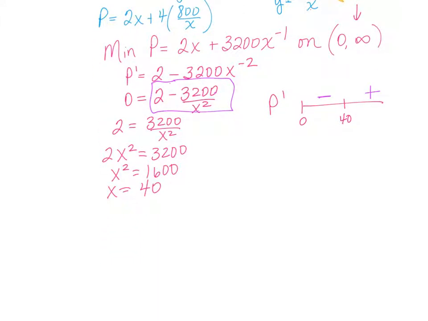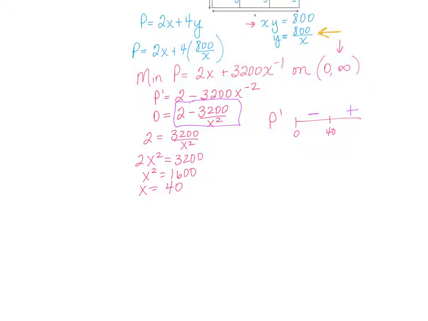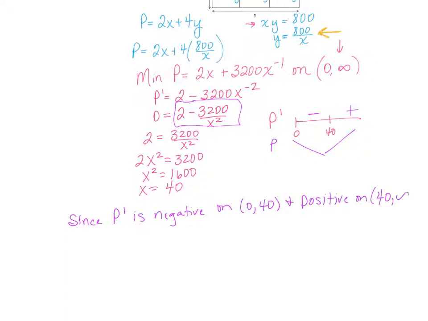But what do I have to write? Get in the habit. If you do it on your homework, you will have the form down. My graph is doing this of P, so I'm going to say since P prime is negative on 0 to 40 and positive from 40 to infinity, the only, I tend to underline only, always, minimum on P. This is important that you say that.